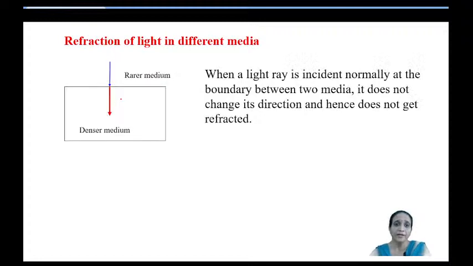Now, when a light ray is incident normally at the border between two media, see over here, air is the rarer medium and glass is the denser medium. When a light ray is incident normally at the boundary between two media, it does not change its direction and hence does not get refracted.